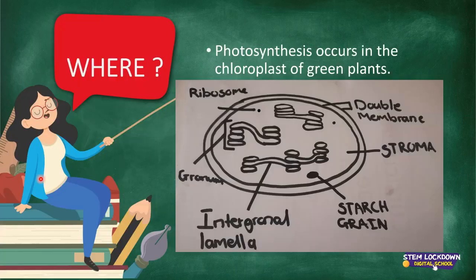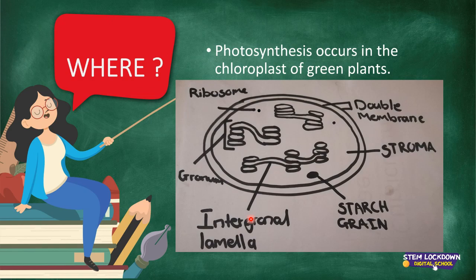We also went through the diagram of the chloroplast. This is where photosynthesis takes place. Another thing I need to mention is that you should be able to draw this diagram of the chloroplast. It's simple, as you can see, so just note that down. You need to be able to draw the structure of the chloroplast.